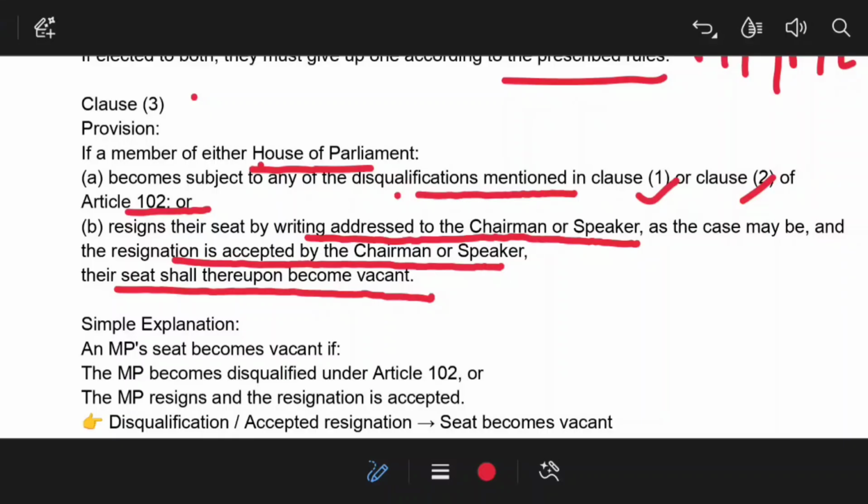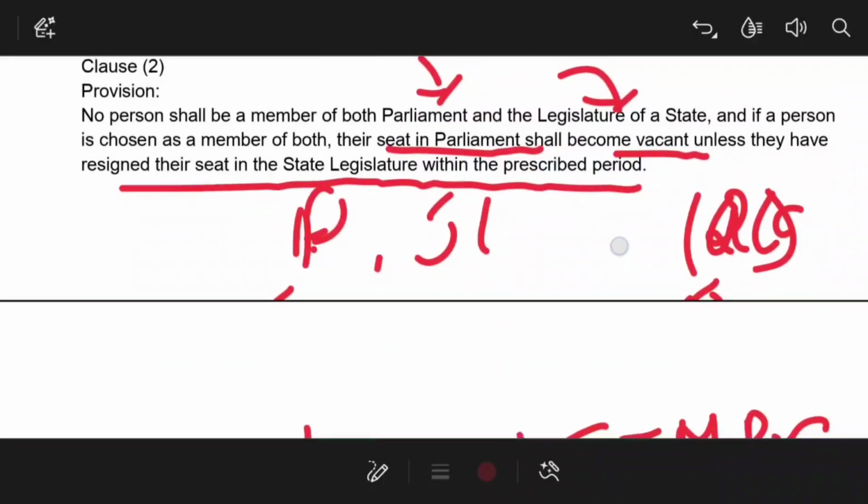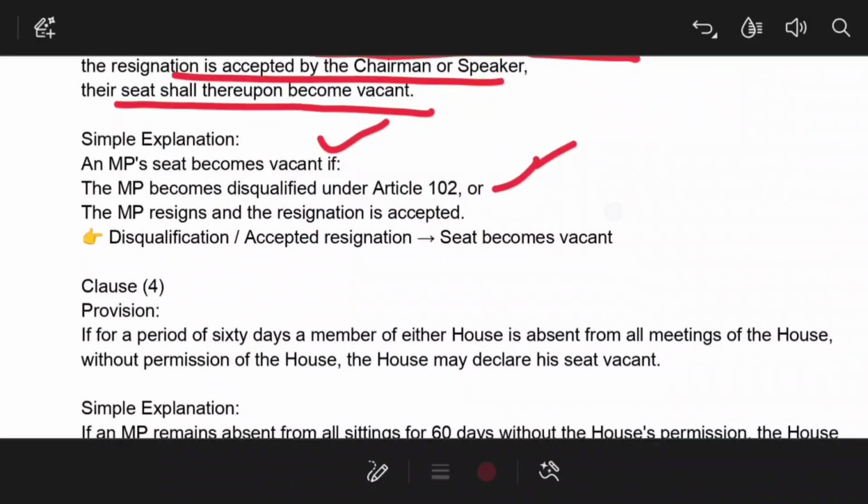So an MP's seat becomes vacant if two clauses of 102, 101, am I discussing 102 or 101? Let me check. 101. I will discuss 102 later. So or an MP resigns by submitting his resignation to the presiding officer, as mentioned in the constitution. If disqualified or the resignation is accepted, then the seat will become vacant.